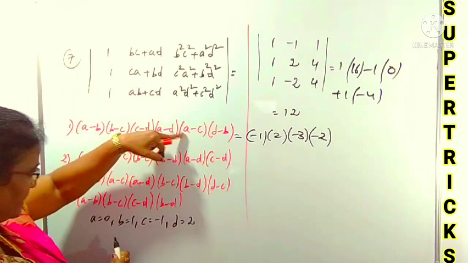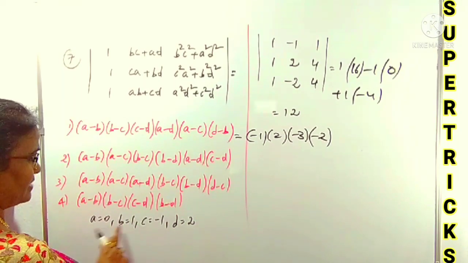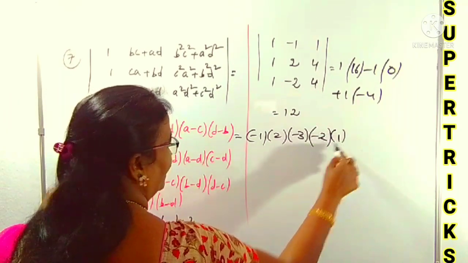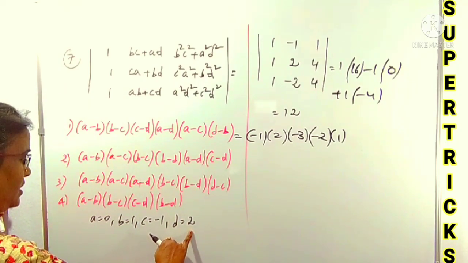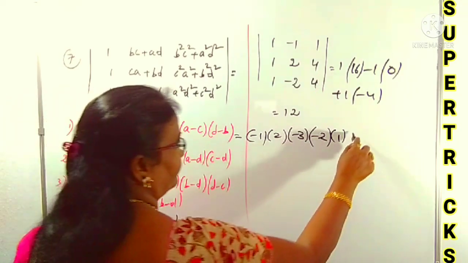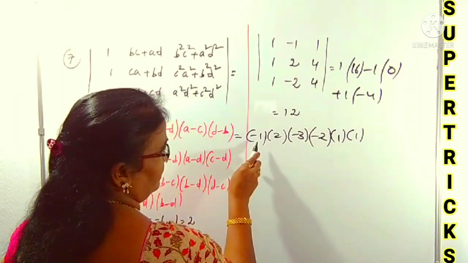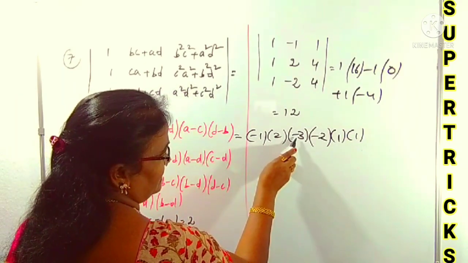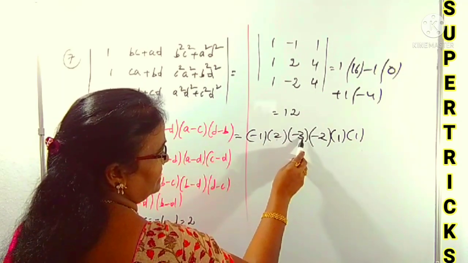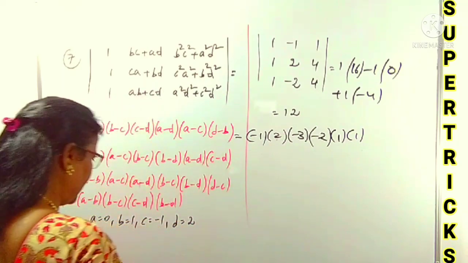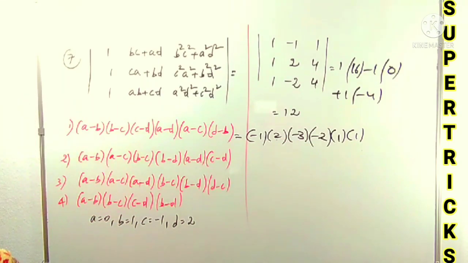And A minus C, A is 0, minus C, minus minus plus 1. D minus B, D is 2, 2 minus 1 is 1. We can check what is the resultant value, 12. Somewhere else minus is gone, we can check it once.